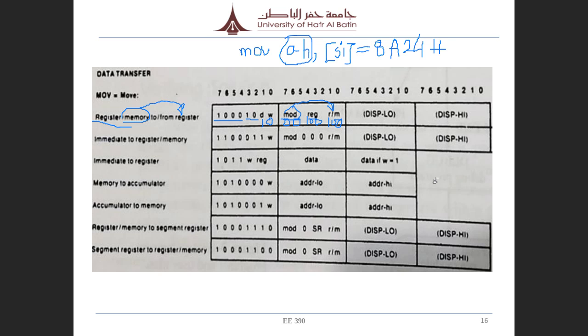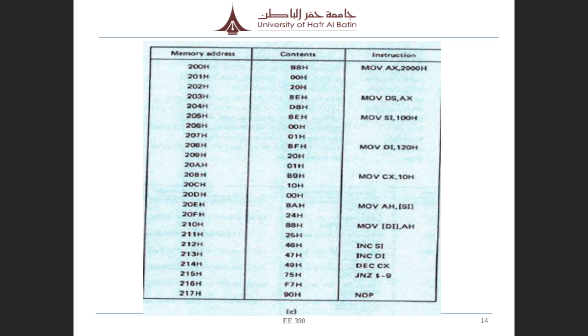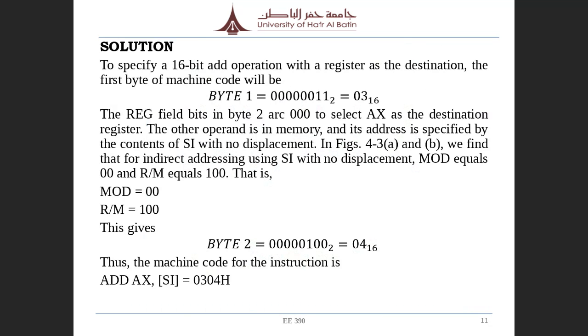It's fine. So I will open how actually this mode is related to the register or memory. It is 100. Okay, I will verify. So the machine code is 8A24. Look at here. For this instruction, we need two memory locations, 8A and 24. So two memory locations are occupied for the machine code of this instruction, 8A24. All right, so let me open that one.